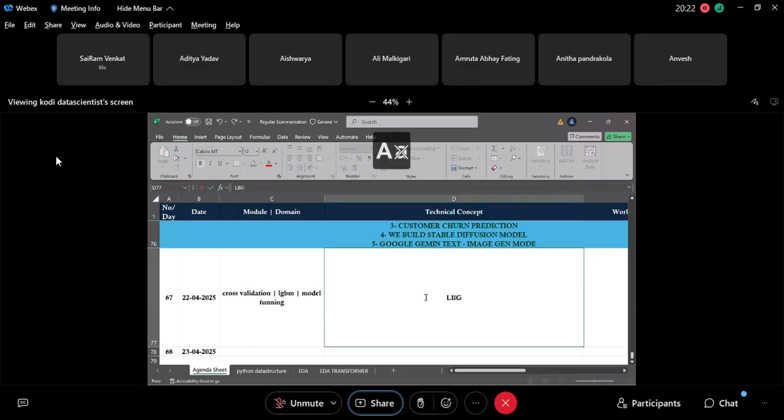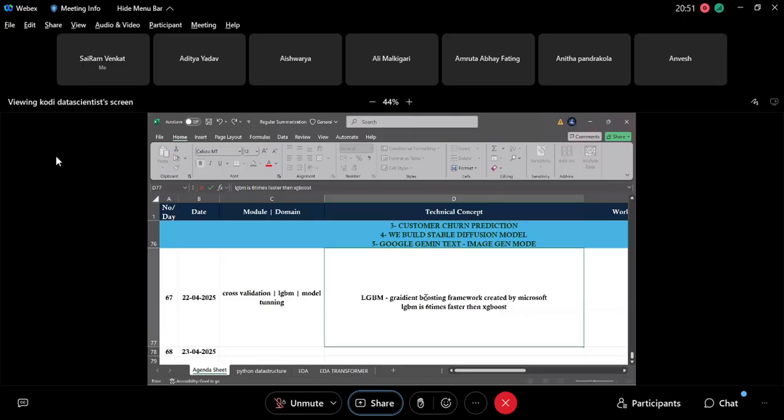LGBM. LGBM is a gradient boosting framework created by whom, guys? Microsoft. Created by Microsoft. LGBM is 6 times faster than XGBoost.